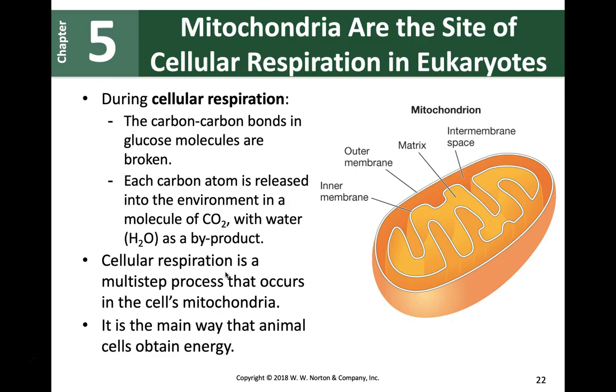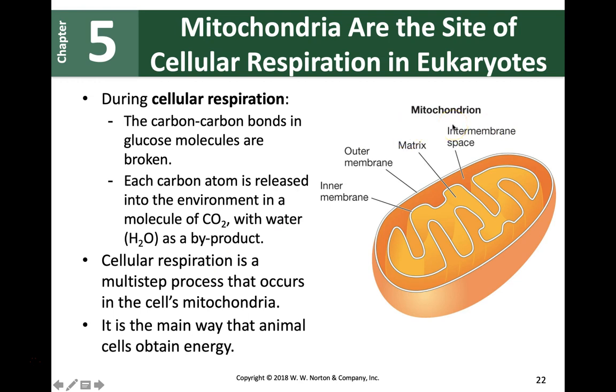Right, now let's get into cellular respiration. What happens in cellular respiration? So now we're done with photosynthesis, guys. Now let's talk about cellular respiration, which we do and plants also do. Where does cellular respiration happen? If you remember, photosynthesis happens in an organelle called the chloroplast. Cellular respiration happens in an organelle called the mitochondria.